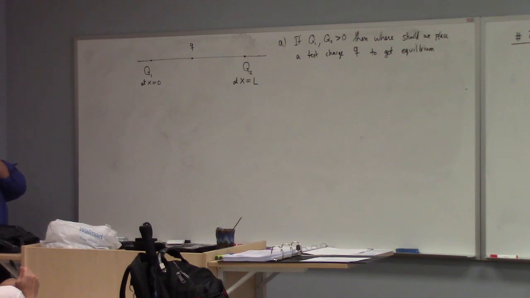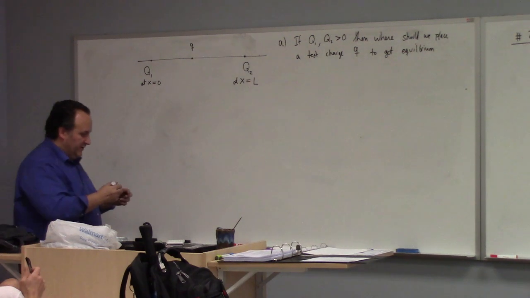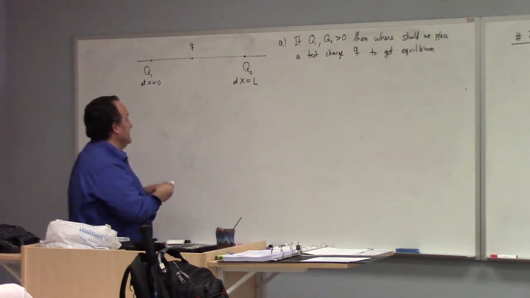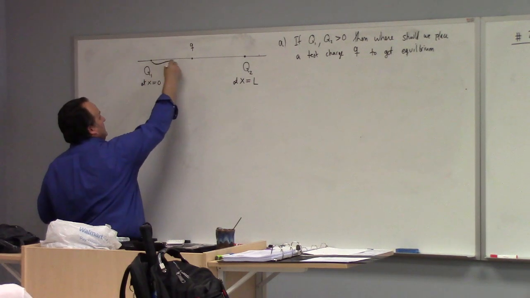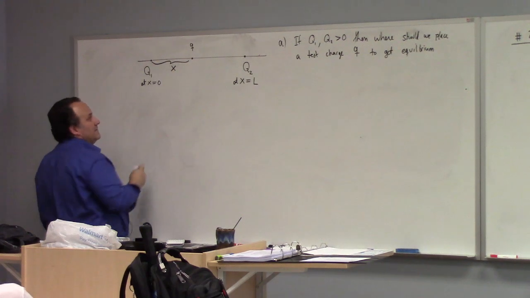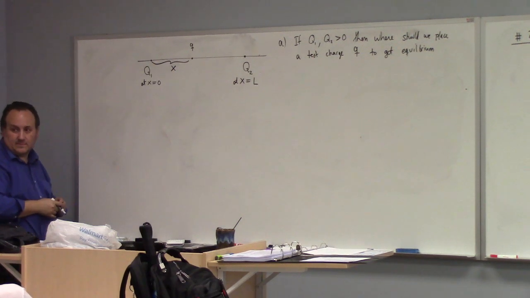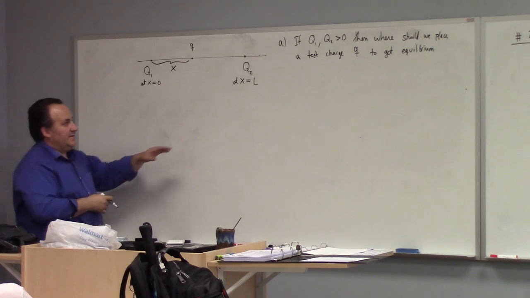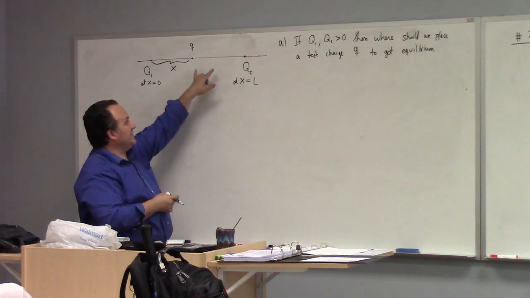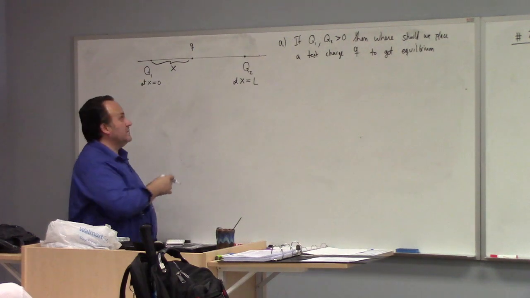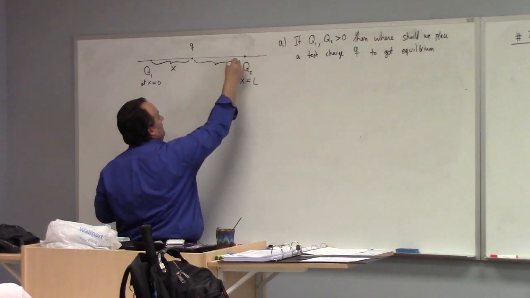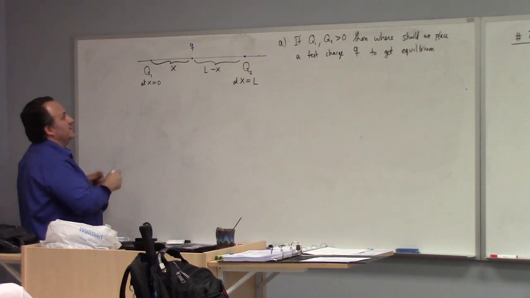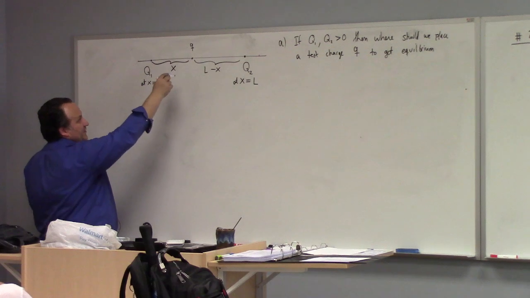We need a variable that we don't know, because we're interested in figuring out where it is. So the basic question is, what's this x? That's the question. And if that's x, and this is L, then this is L minus x. Then we can look at the electric field at that point.